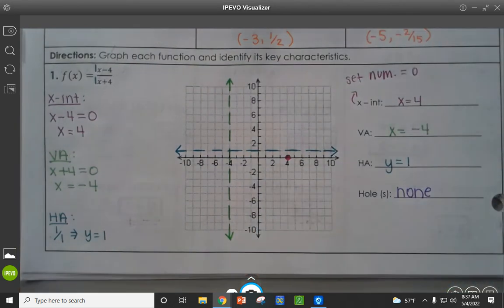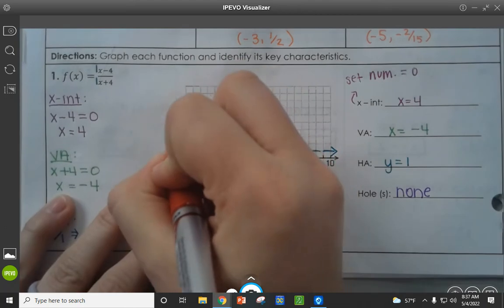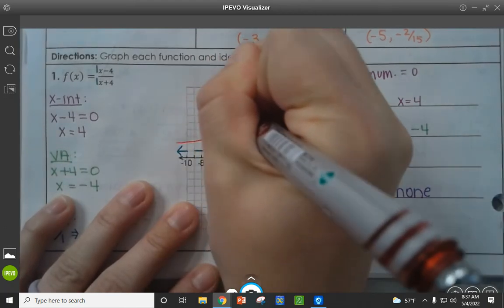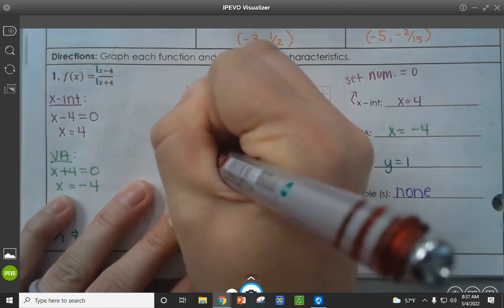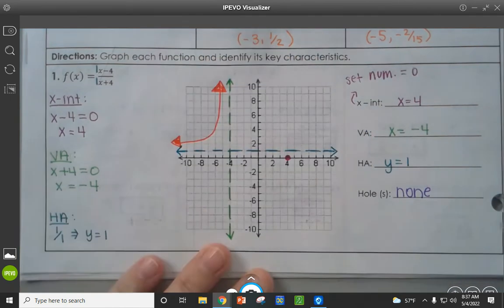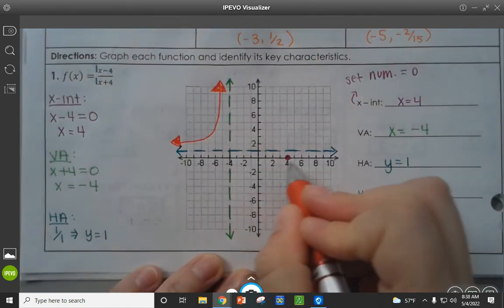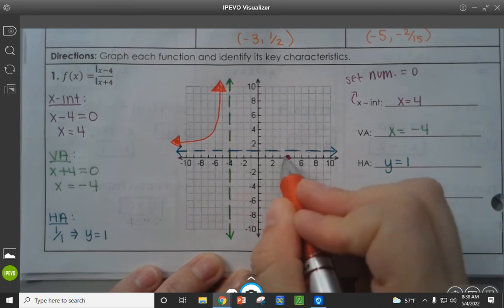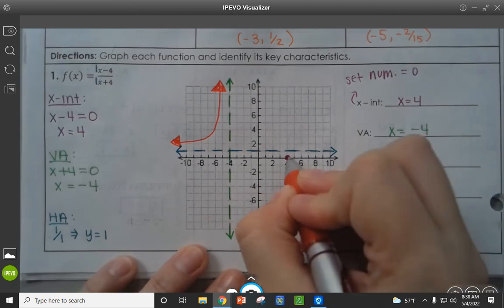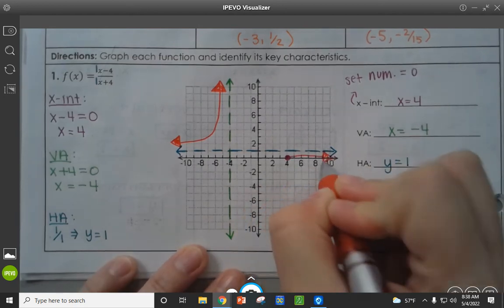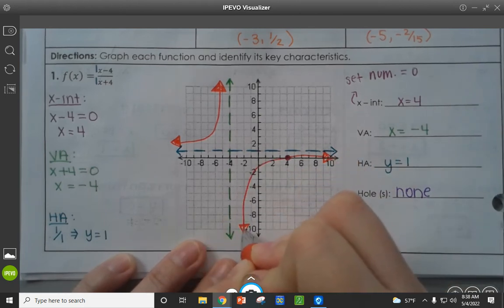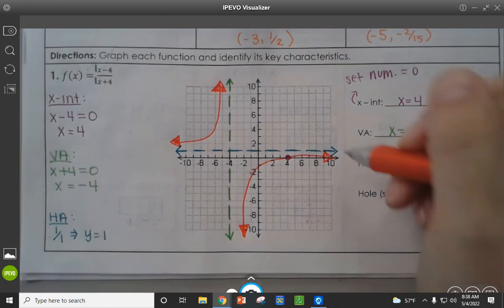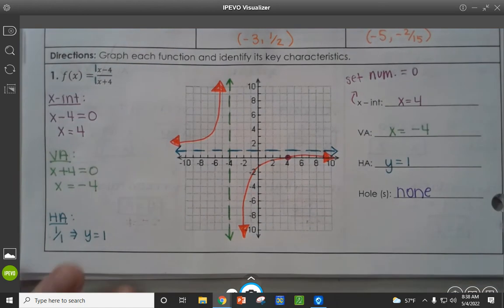So I've got right here, kind of makes a backwards L. And then one in this corner. But it does cross the x-axis at this point. So that's what the graph looks like.